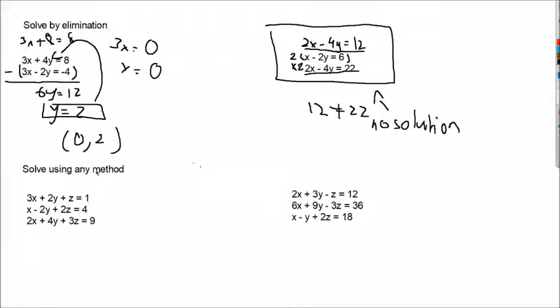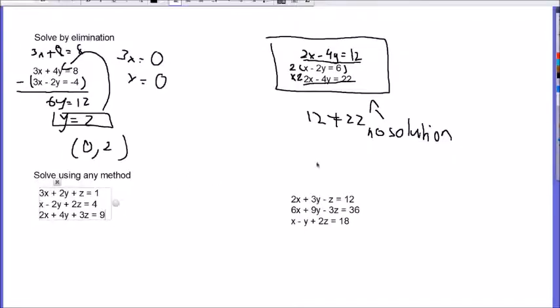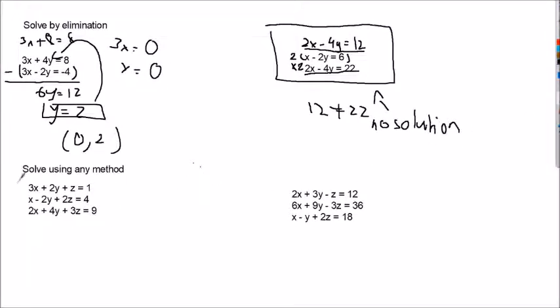Okay, next. We have solve using any method now. So you can solve using any of your methods. 3x plus 2y plus z equals 1. x minus 2y plus 2z is equal to 4. 2x plus 4y plus 3z is equal to 9. Now the easy way to solve these equations would be to use matrices, but we're going to use substitution to solve this.